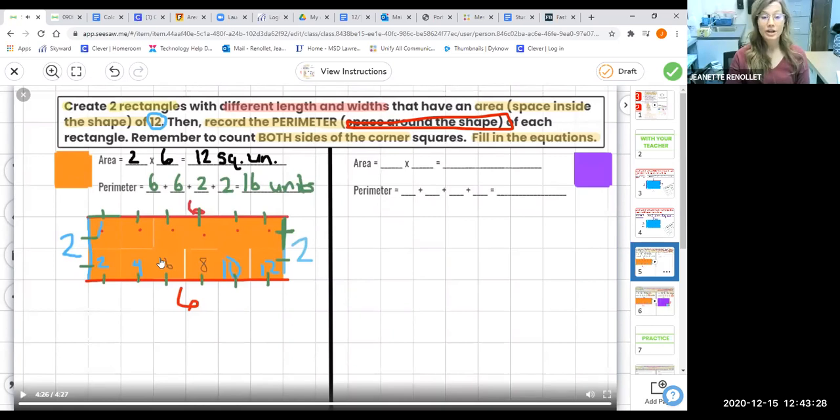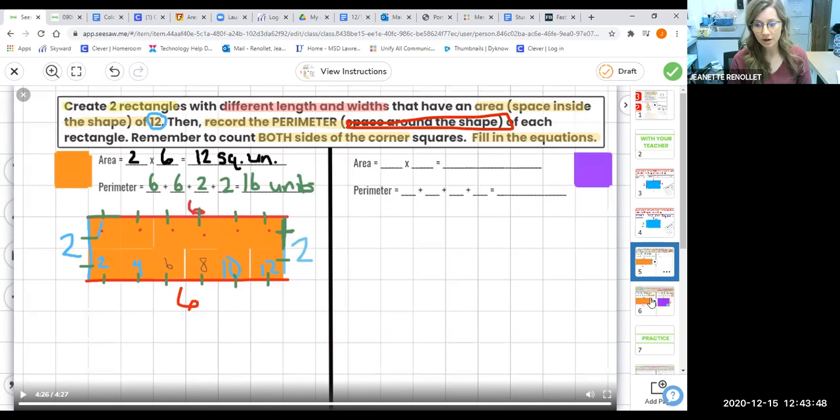Okay, so Mrs. Sousa has just created one rectangle with an area of 12, and then she found the perimeter. She found the perimeter is 16 units. Her task today says she needs to create 2 rectangles.